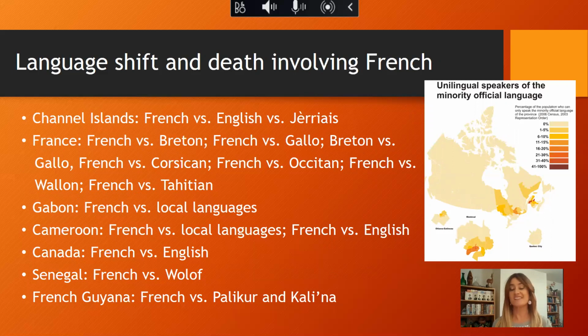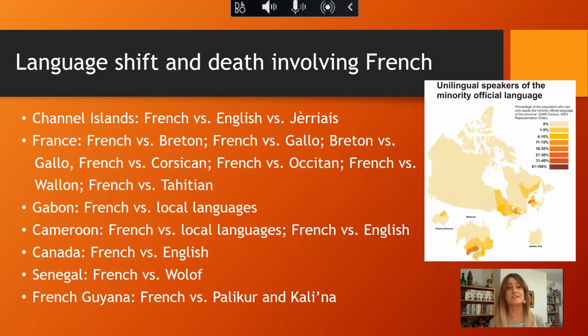Guerrier is dying out. It's competing against 2 very strong official languages. So French, which is kind of like the standard version of Guerrier, and then English, which is the official language of the place where Guerrier is spoken. So it's got two problems to deal with.